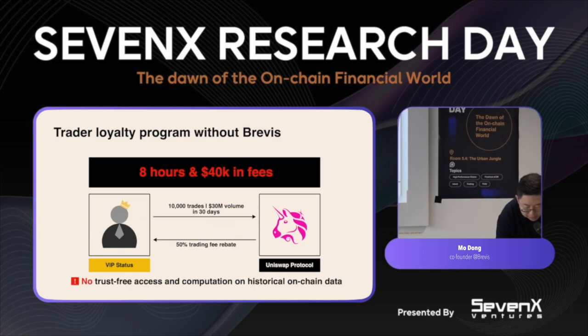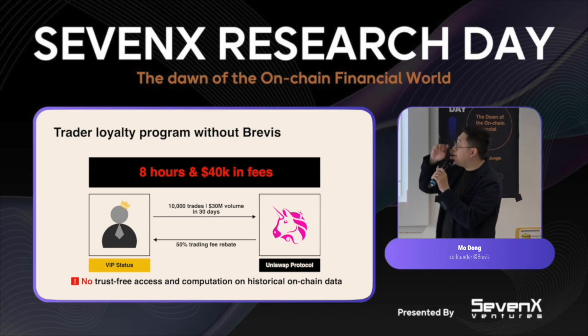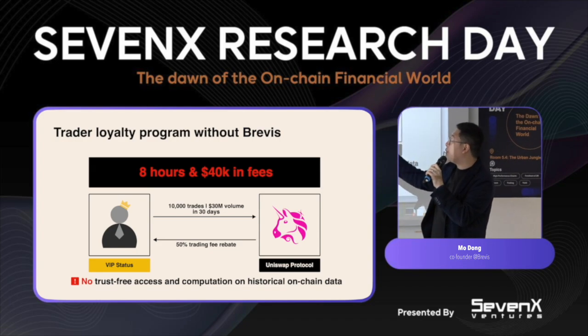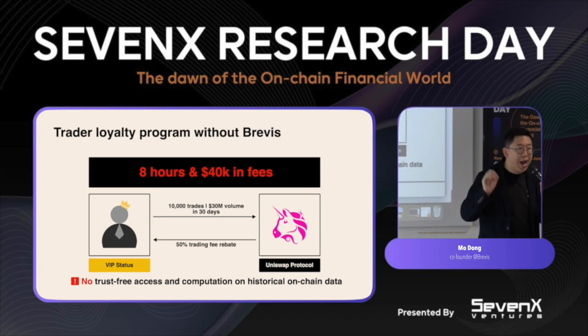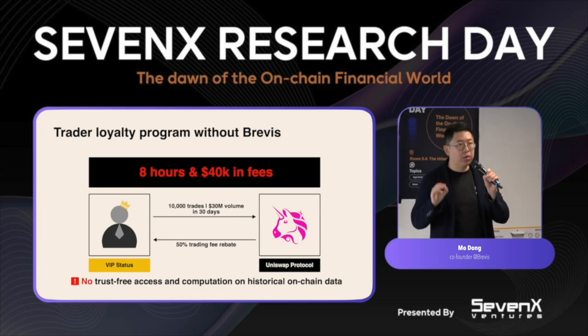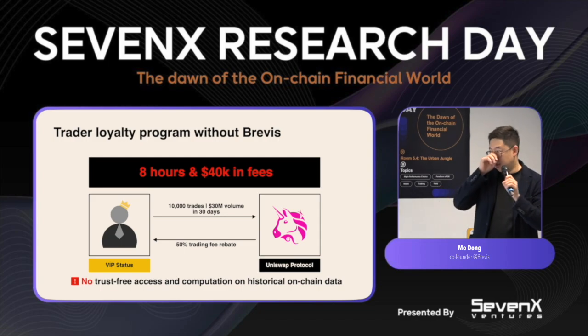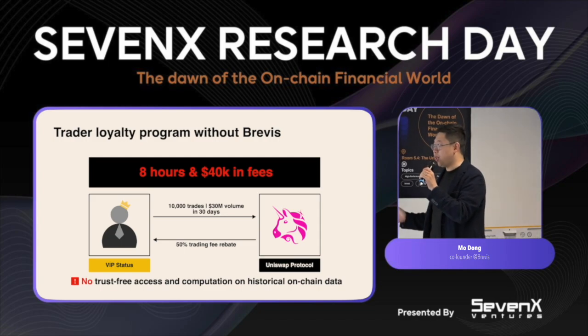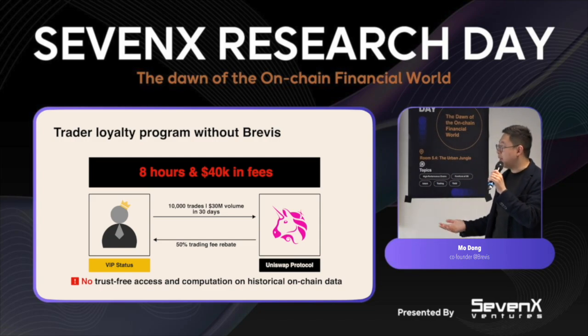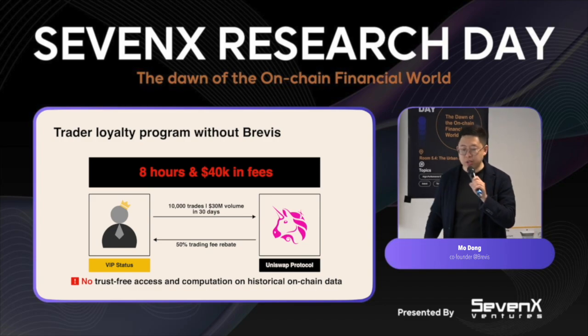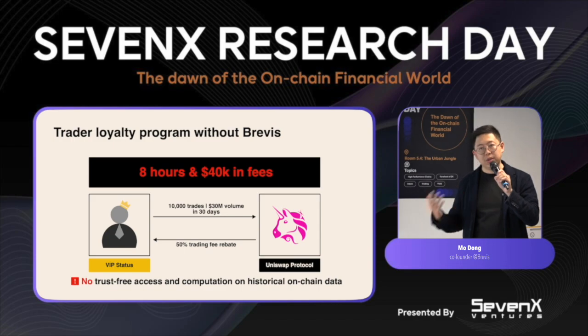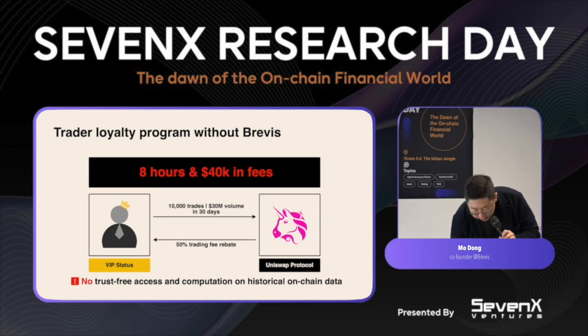Because if you want to do this, you have to pay 8 hours of block time and 40K in transaction fees just to access a single user's historical trades in the last month. This is because right now on blockchain, there is no trust-free access and computation capability based on historical on-chain data, such as storage slots, transactions, events, and all that.